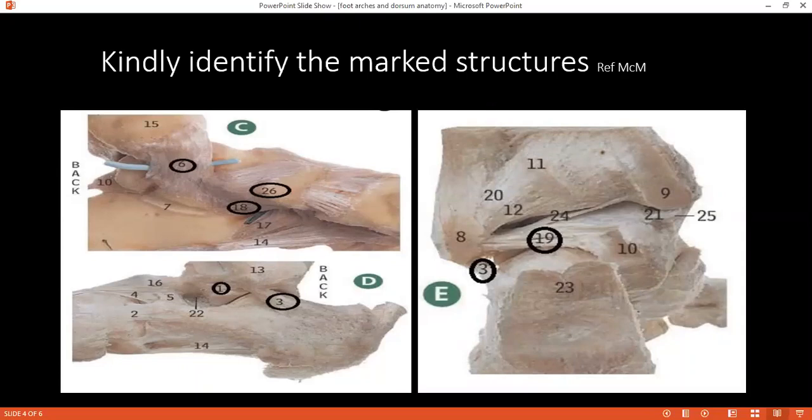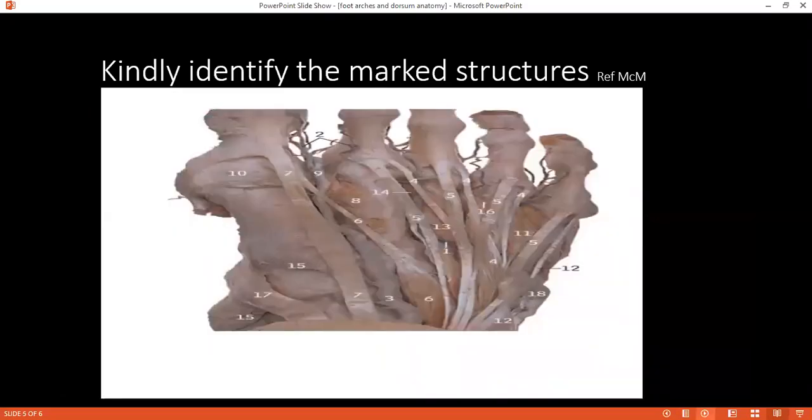Which muscles are responsible for these two movements? For inversion of the foot, the tibialis anterior and posterior with some help from the extensor and flexor hallucis longus muscles, and eversion is by peroneus longus and brevis. Can you please identify number 6 in this image? That is the extensor digitorum brevis muscle.